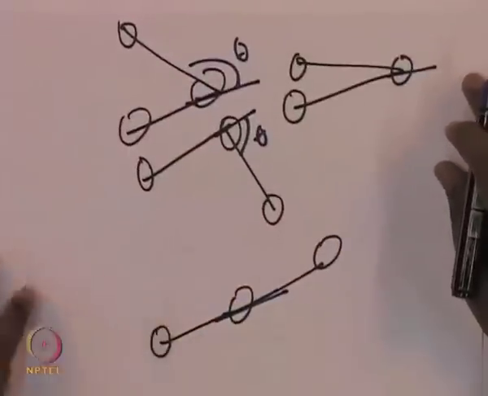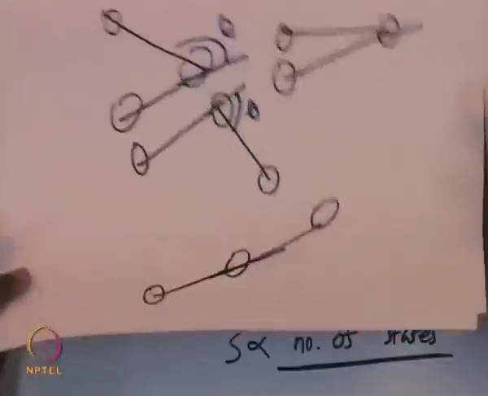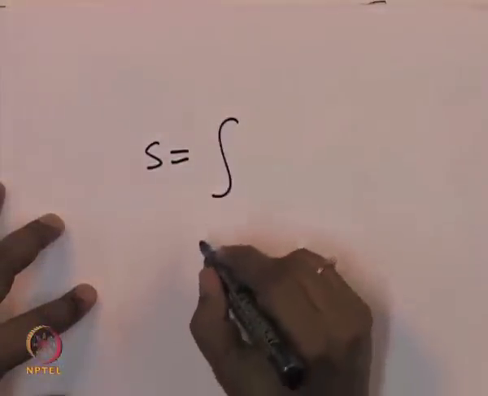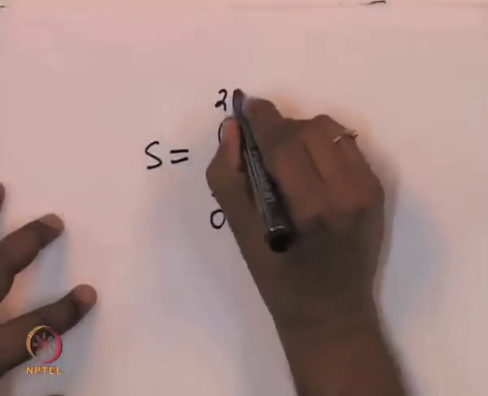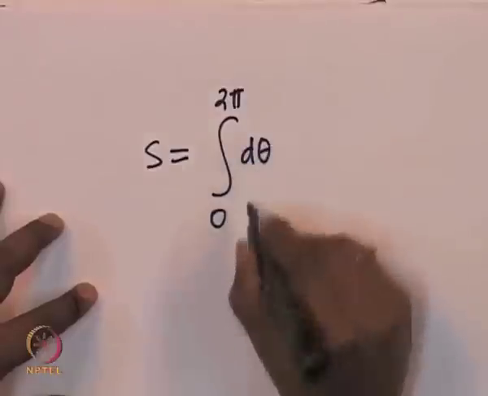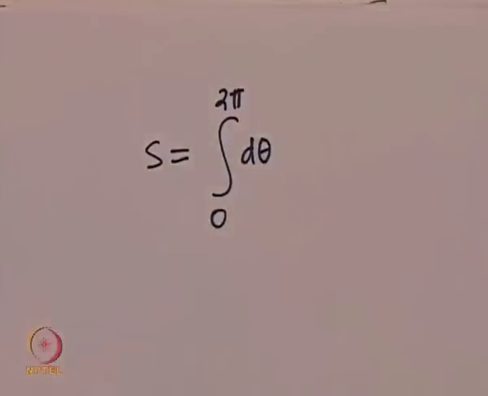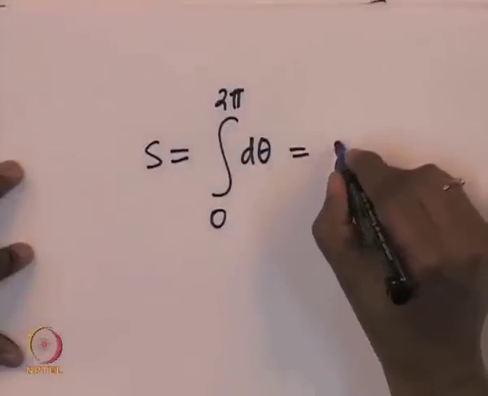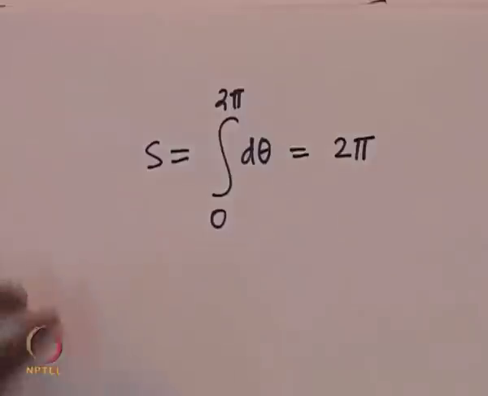So, if we take this into account, we can get the entropy of this. So, let us do this. Entropy will be, we can write entropy as integral 0 to 2 pi d theta. This theta can go from any value from 0 to 2 pi. So, the answer will turn out to be of course 2 pi. So, the entropy will turn out to be 2 pi.